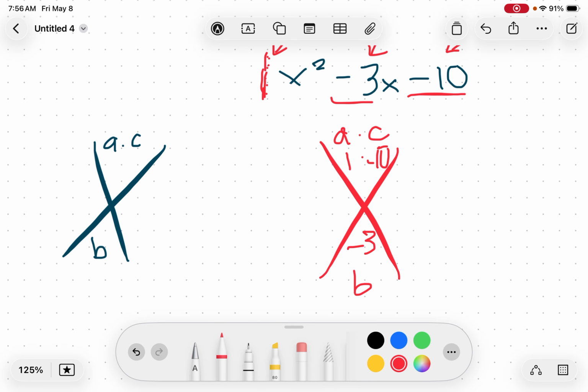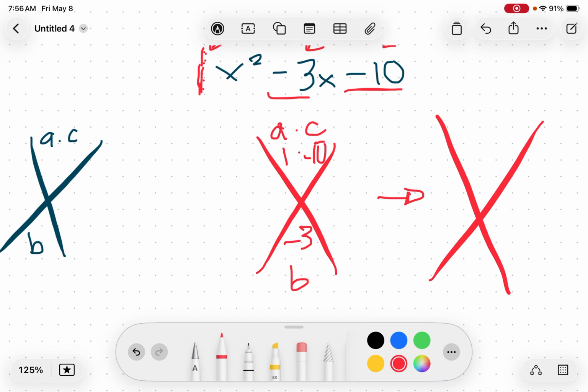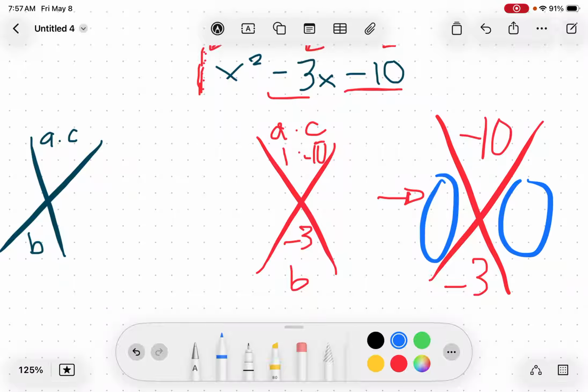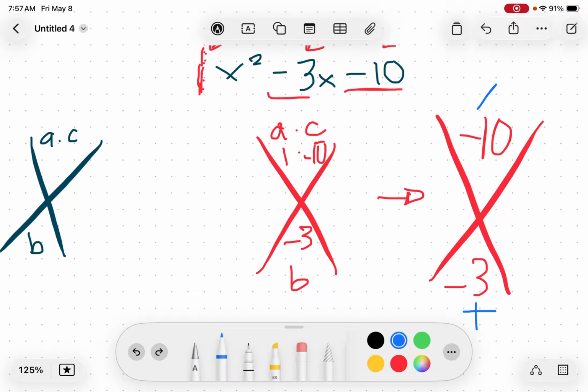And what you're trying to do here is, on the other side of the X, so right here, if we simplify this, we have -10 on top, because that's what 1 times -10 is. We have -3 on bottom. We need to come up with something that goes here where it multiplies to equal this number, but adds to equal the bottom number.